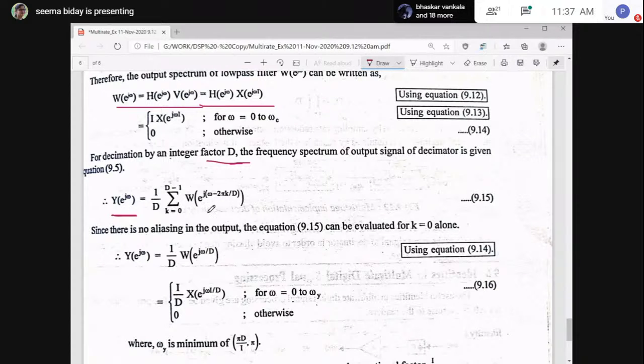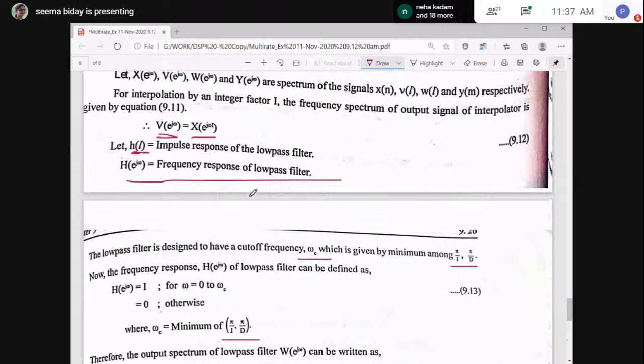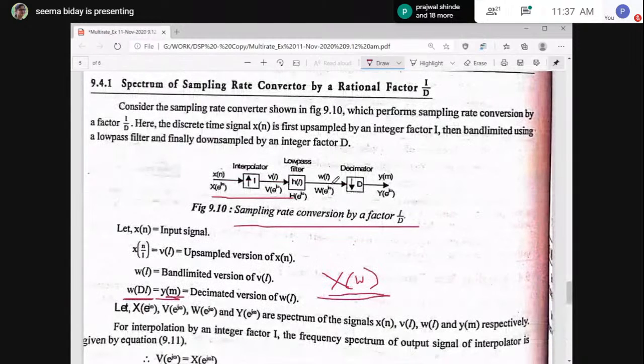Now how to get this? Like the interpolator we have solved, now this we have to solve for the decimator. Up till now we have come, now go into the decimator.